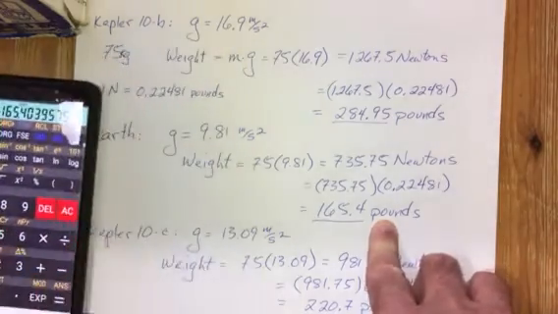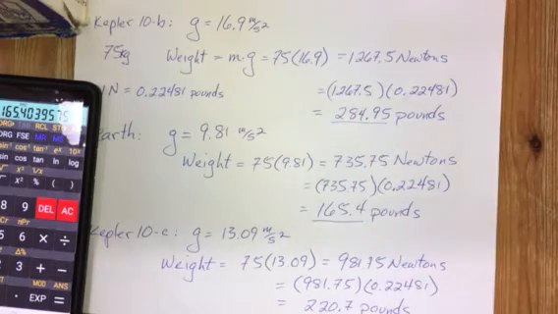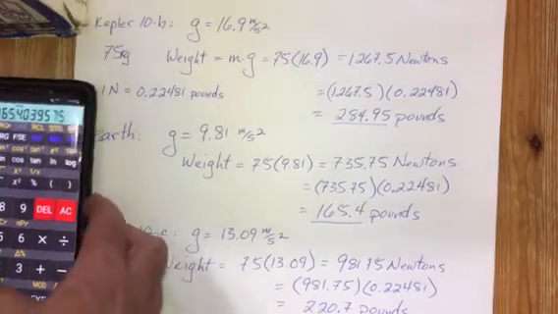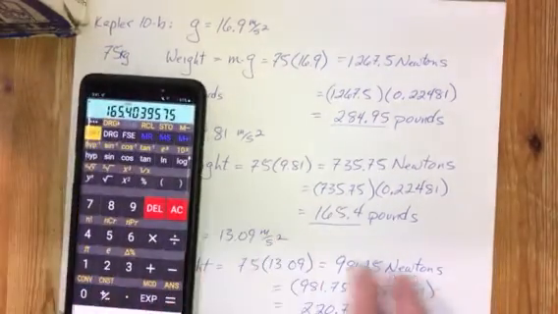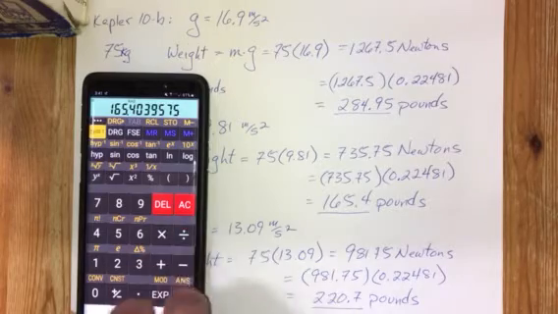And compare that to your weight on Kepler 10b. Your weight there would be 284.95 pounds, almost 285 pounds. So that's 120 pounds heavier than you would weigh here on Earth. Right? That's because of the fact that Kepler 10b is larger and more massive than the Earth.